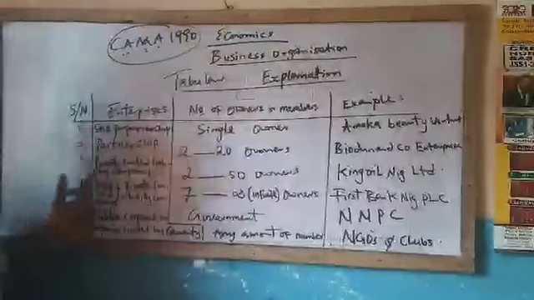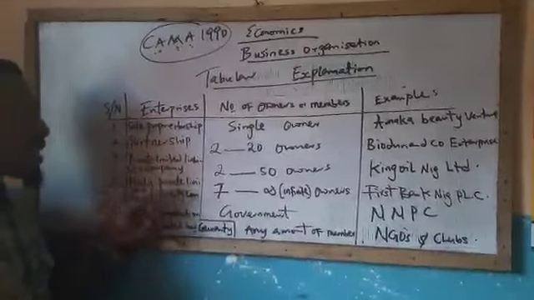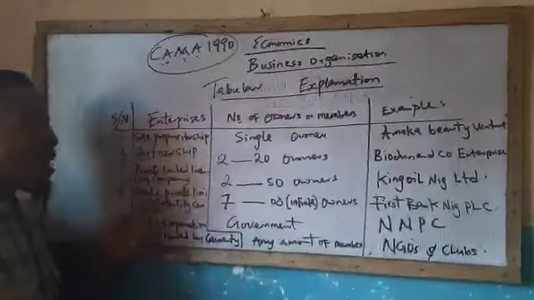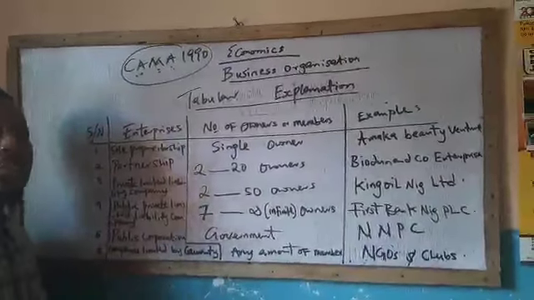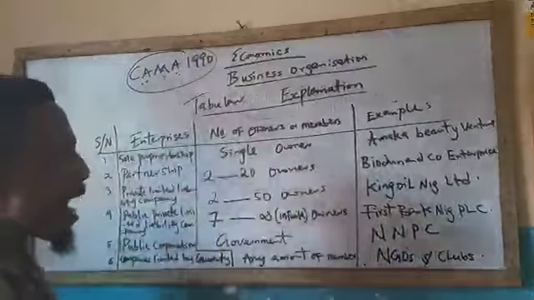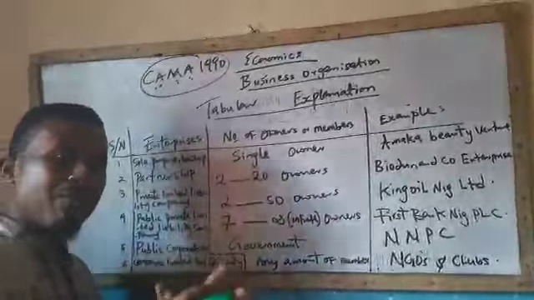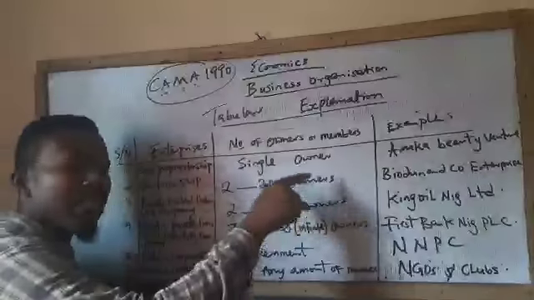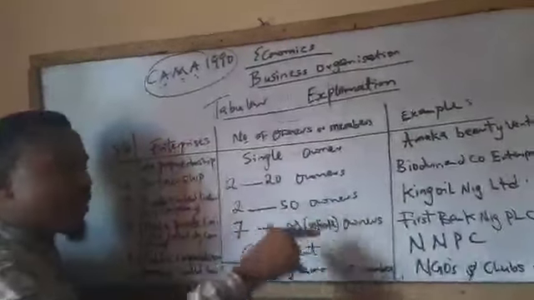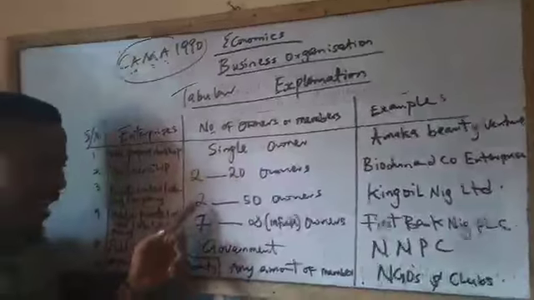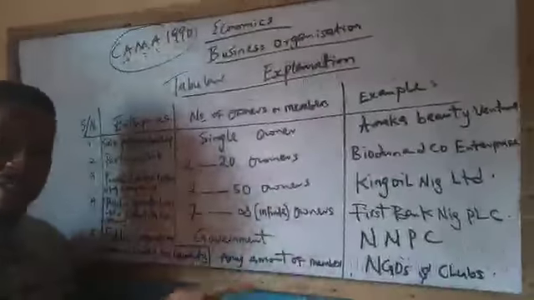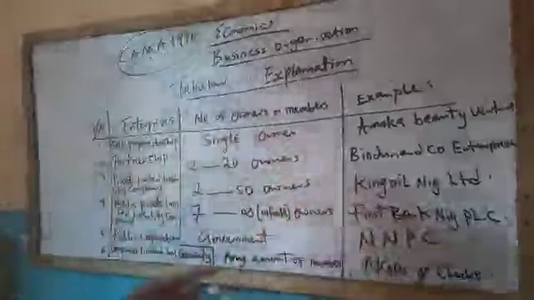Now, the first one we have here is private limited liability company. Private limited liability company should be run by a range of people that is not more than 50, from 2 to 50 owners. According to CAMA, 2 to 50 owners are allowed to run a private limited liability company.